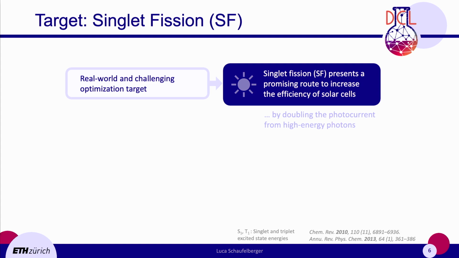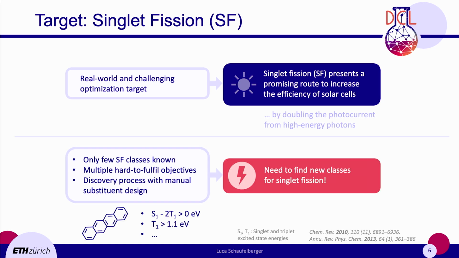How that works is it doubles the photocurrent from high energy photons. And singlet fission is very interesting to look at from an optimization point of view because there are only very few singlet fission classes known. So these acenes that you see here below, they've been really studied for a long time. But apart from that, there's maybe two or three other classes that are known to exhibit singlet fission.